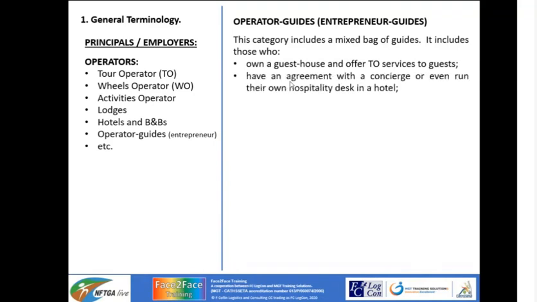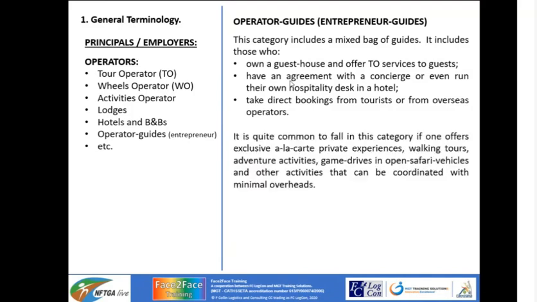You have the ones that have an agreement with the concierge or run their own hospitality desk in a hotel. You have the ones that take direct bookings from tourists or from overseas operators. And I know there are a lot of them. They're usually small operators with 1 or 2 vehicles, and they happily carry on with life taking bookings from overseas direct.